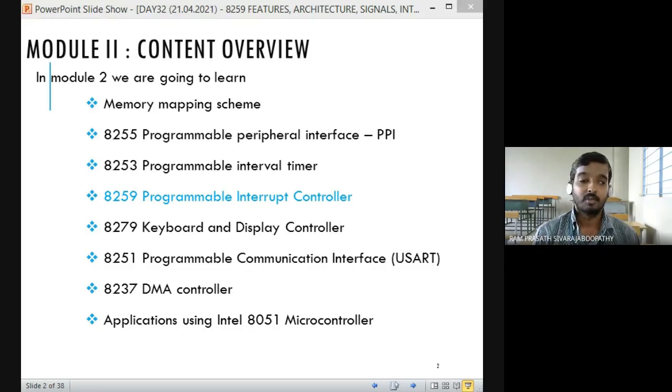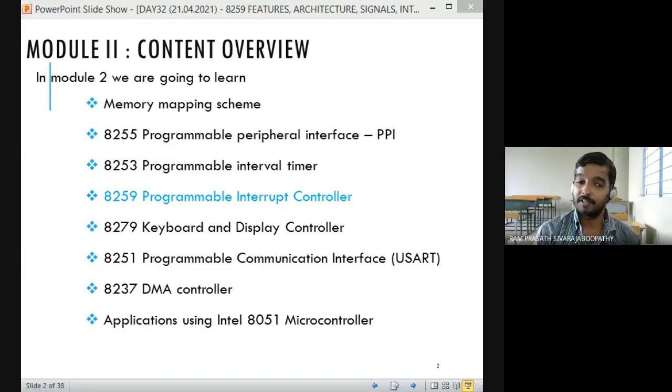So the role of 8259 is that it is an interrupt controller, which is interfaced with the 8085 so that the 8085 can handle more interrupts. If your system requires more interrupt-driven data transfers, at that time we can go with 8259.